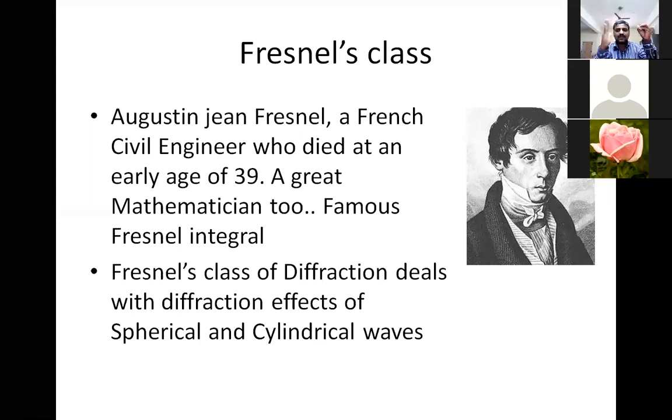This is the Fresnel's class. Why? Because you want to have spherical waves, and spherical waves will be received by this particular object only when the light source is at finite distance. So this gap between the source of light and my slit is always finite, right?